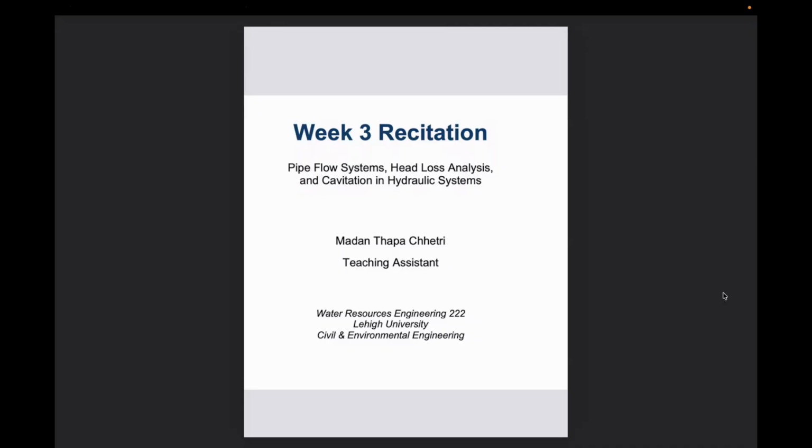Today we will deal with some of the problems related to pipe flow system, head loss analysis, and cavitation in hydraulic systems.